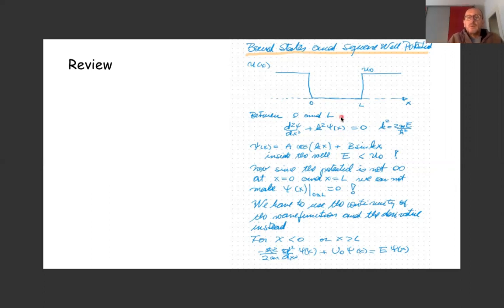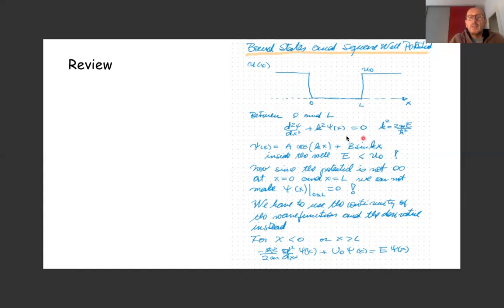Okay, so for this particular system, I don't recall if we actually reviewed this already, but I'm going to go through it fast just in case. For this type of potential, the wave equation is exactly this one, if I'm just looking at bound states, between 0 and u naught.